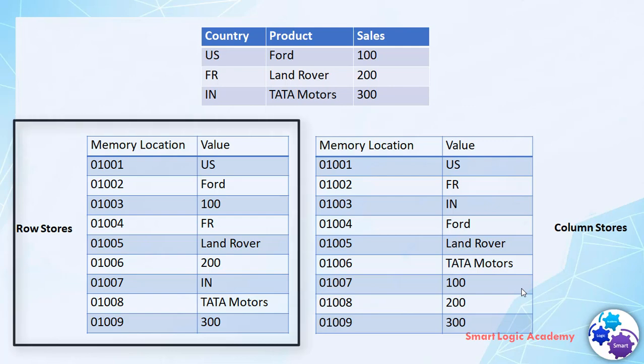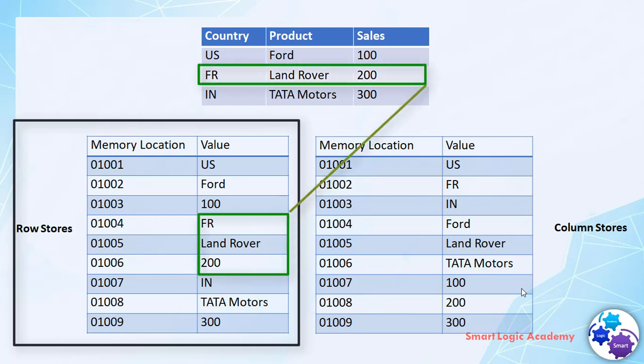Row stores are designed to efficiently return data for an entire row or record. This matches the common use case where the system is attempting to retrieve information about a particular object.